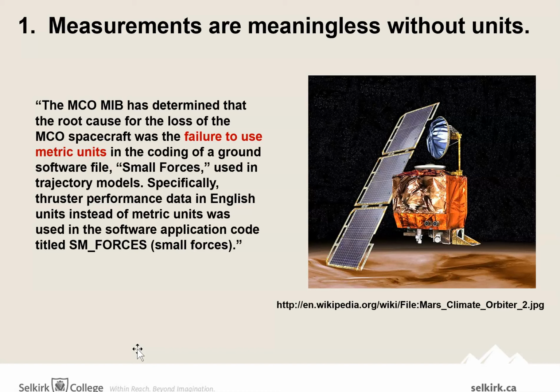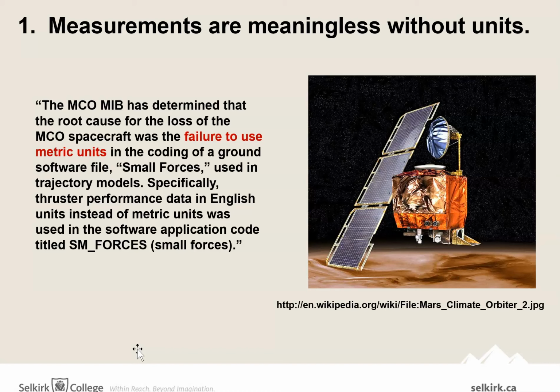And it was supposed to go into orbit around Mars and record the weather on Mars. But the MCO-MIB, the Mars Climate Orbiter Mishap Investigation Board, determined that the reason that this was lost is that the people programming it didn't know what units they were using.